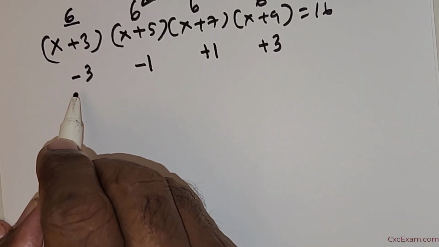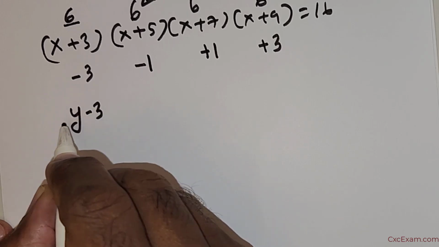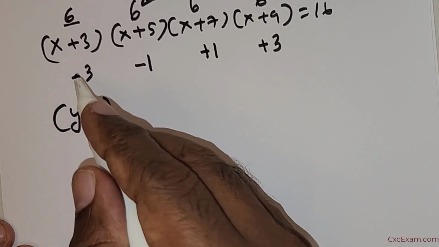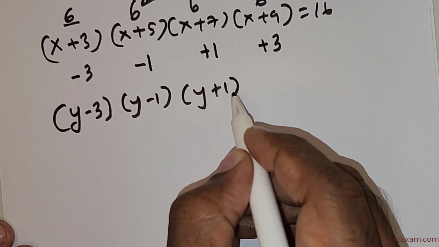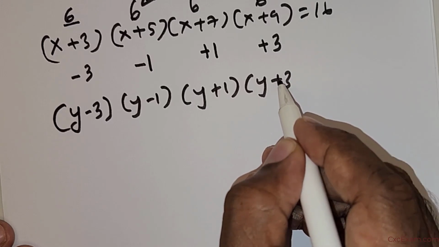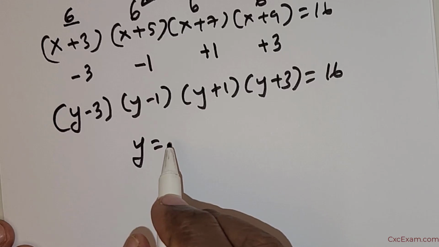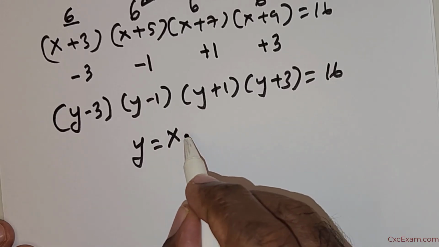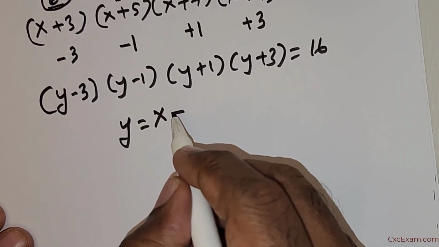Next, I'm going to rewrite this entire system with a new variable y. So this is going to be y negative 3, y negative 1, y positive 1 times y positive 3 is equal to 16. Now this y is actually x added with this number that you've got.